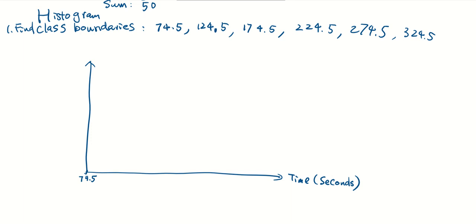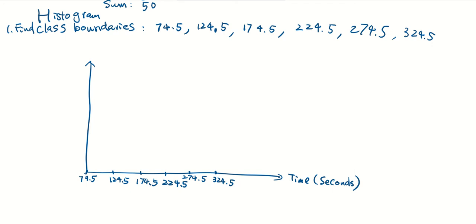So, mark all the class boundaries: 124.5, next is 174.5, leave equal space between each boundary. So 224.5, so here is 274.5 and 324.5.